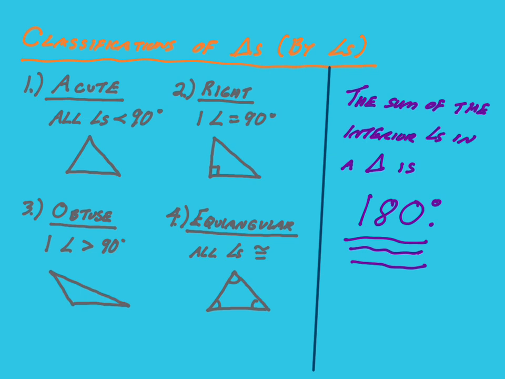That's why we can only have one right angle in a right triangle. That's why we can only have one angle that's bigger than 90 in a triangle. We can also figure out the degree measure in an equiangular triangle.